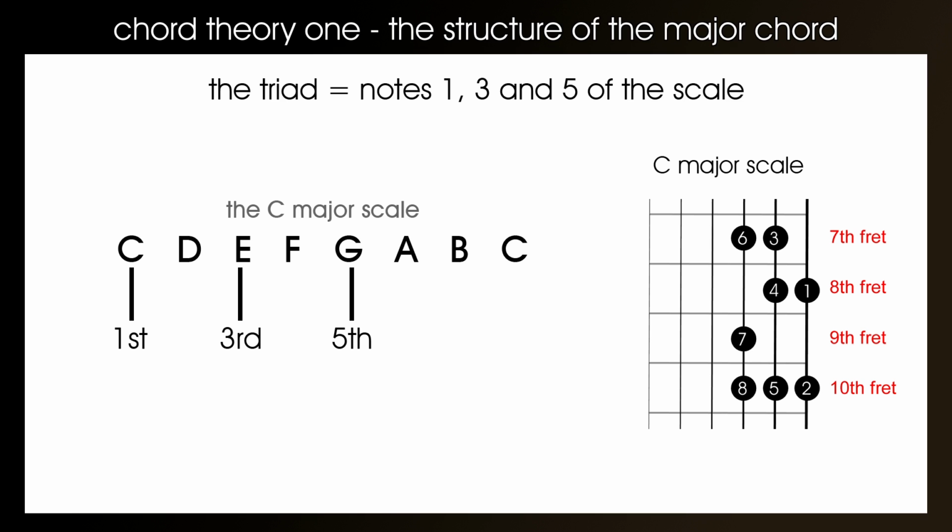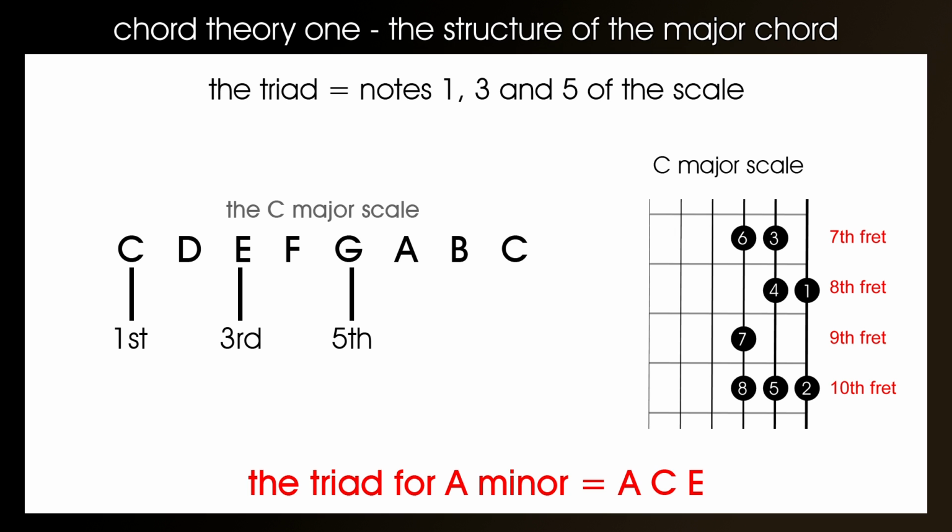So, if we were to take a look at C major, for example, the chord would be made up of the 1st, 3rd, and 5th notes of the C major scale. And they are C, E, and G. And this is the triad.